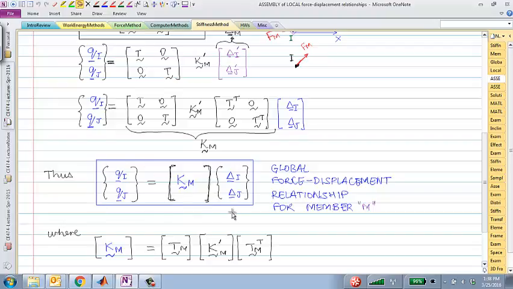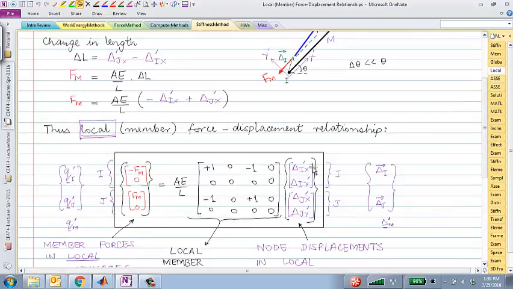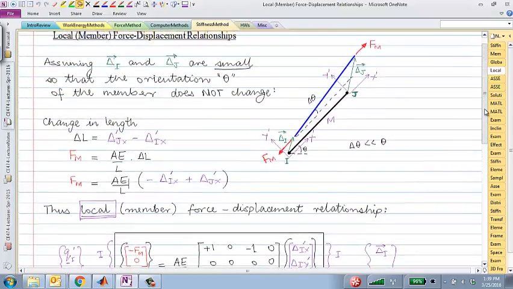So this relationship out here, Q is equal to K times delta, is expressed in the global coordinate system. It is exactly the same relationship that we had for the local coordinate system, but expressed in a different coordinate system.